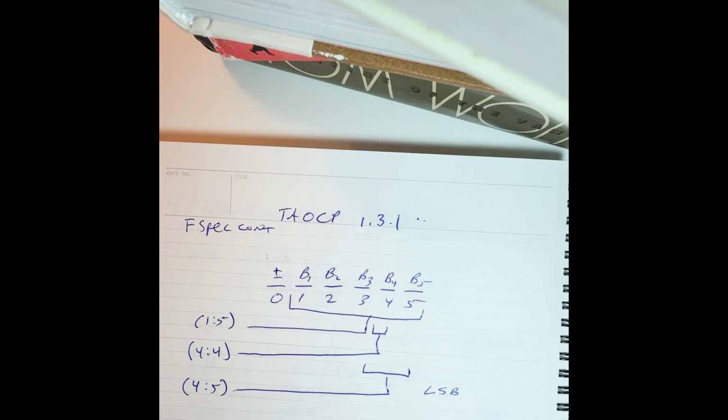And each field specification is actually represented inside the machine by the single number 8L plus R, which will fit easily into 1 byte. So let's talk about that.